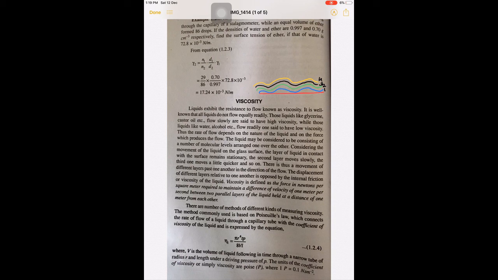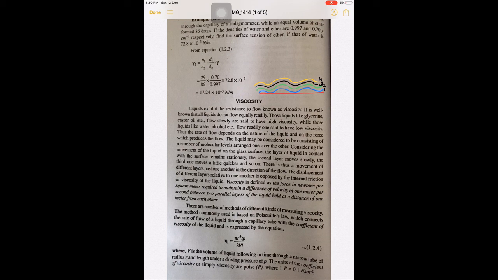Here V is the volume of liquid flowing in time t through a narrow tube of radius r, under the driving pressure P. L is the length of the liquid layer, t is the time for the flow, and P is the driving pressure of the liquid.